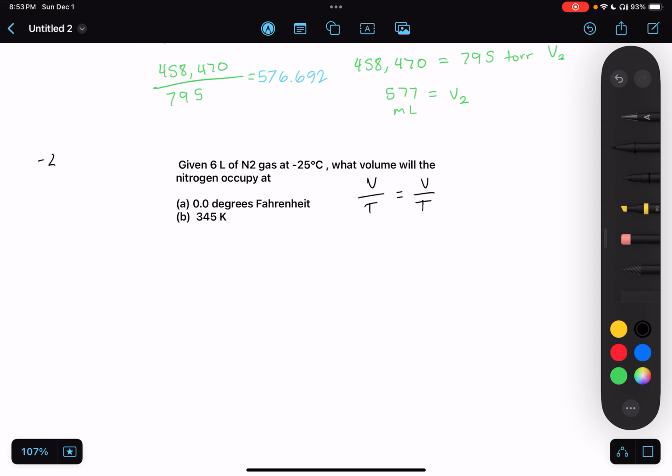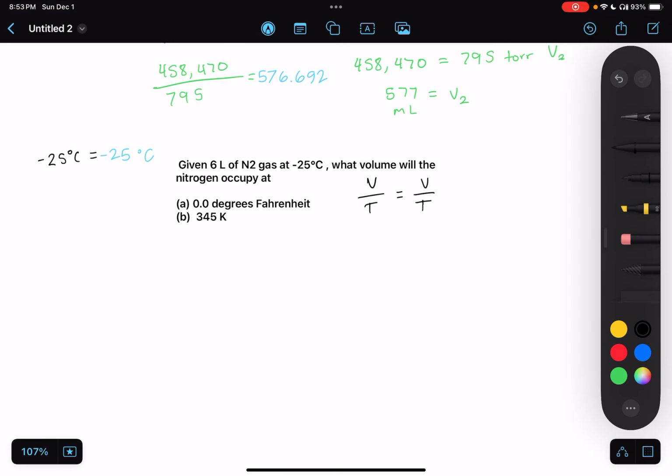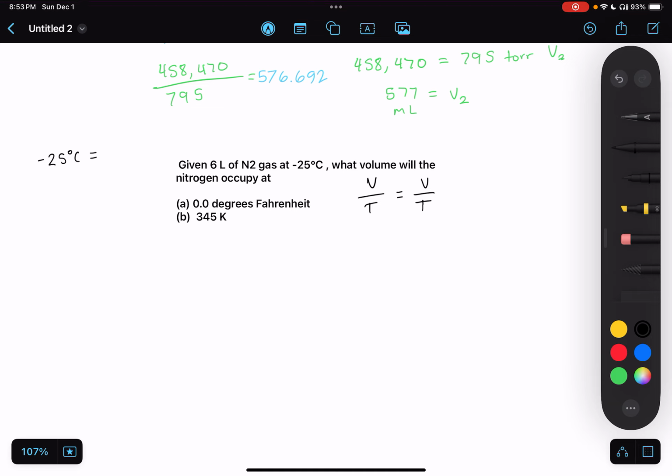So negative 25 degrees Celsius equals 248.15. Let's just get these all out of the way.